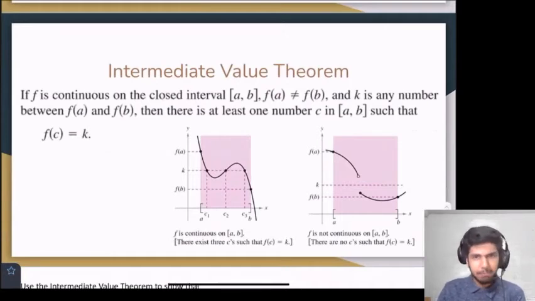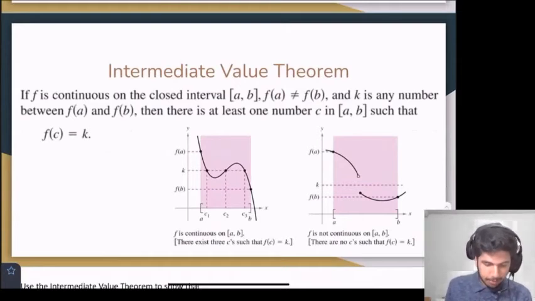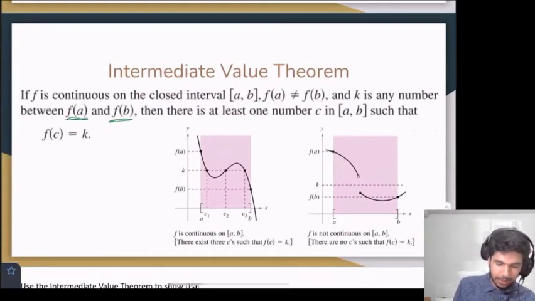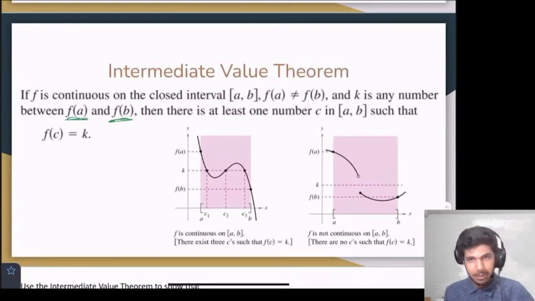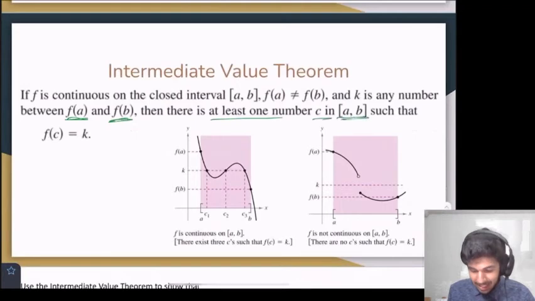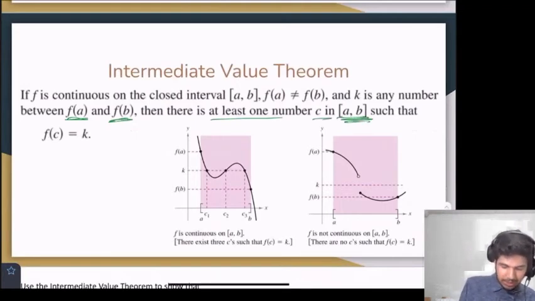So we have some endpoints of an interval, and their function values are not equal. k is any number between f of a and f of b. These are the function values at the endpoints. Then there's at least one number c in the interval such that f of c equals k. This is really saying a is less than or equal to c, less than or equal to b.